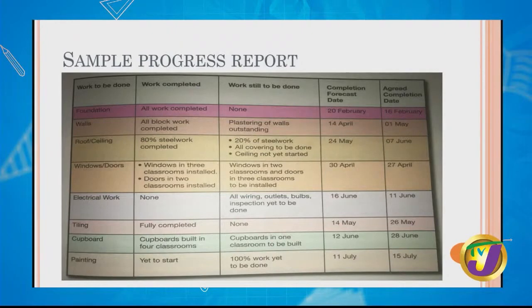So here are the headings: work to be done, work completed, work still to be done, completion forecast date, agreed completion date. Now, what I'm going to ask you to do is take a screenshot of this so that you can have an example of what you have to do, because you are going to be required to create your own progress report. So take a screenshot so that you can have it for future reference.